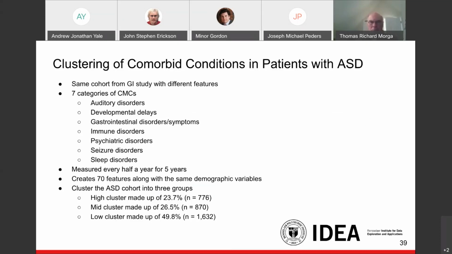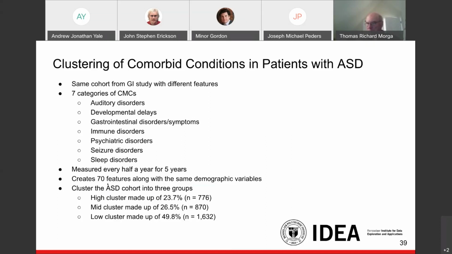These categories are auditory disorders, developmental delays, gastrointestinal disorders, immune disorders, psychiatric disorders, seizure disorders, and sleep disorders.